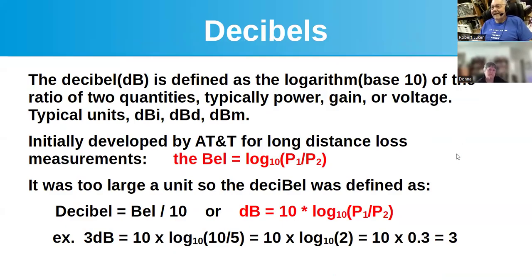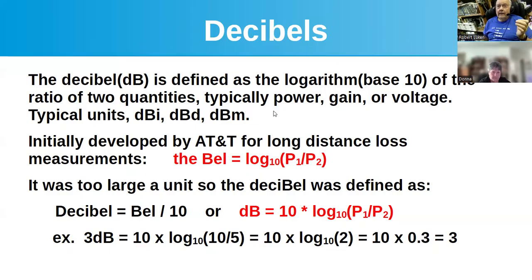Okay, decibels. Were you good with decibels last week? Okay, well, about the same thing. It's defined as the logarithm base 10 of a ratio of two quantities, multiplied by 10.